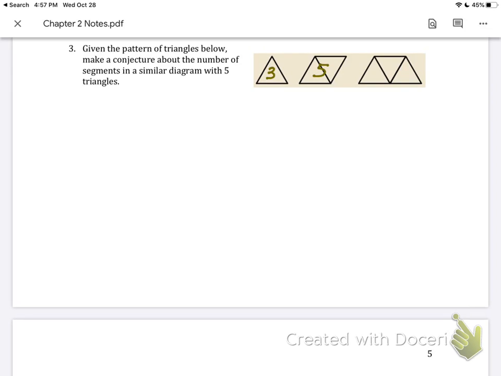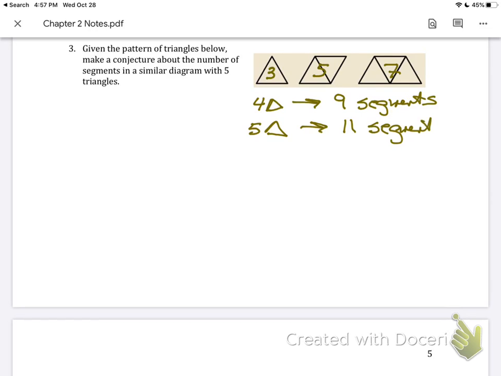If I have 3 triangles, I have 3, 4, 5, 6, 7 segments. So that means that if I have 4 triangles, so 4 triangles would yield 9 segments, following the pattern, increasing by 2 each time, and 5 triangles will yield 11 segments.